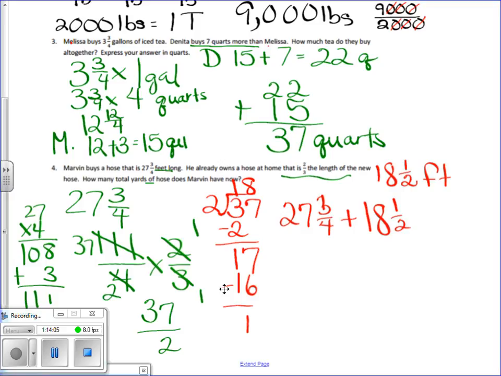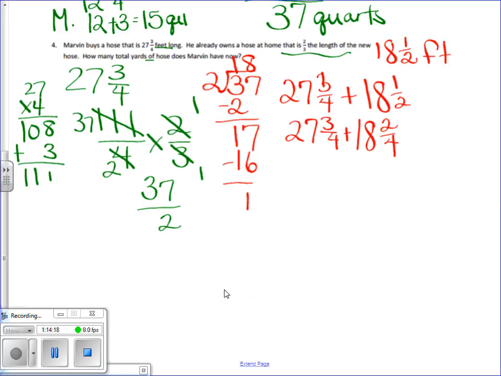Common denominator: 27 and 3/4 plus 18 and 2/4. Add those. 27 plus 18 is 45. 2 plus 3 is 5, 5/4. 46 and 1/4 total feet.